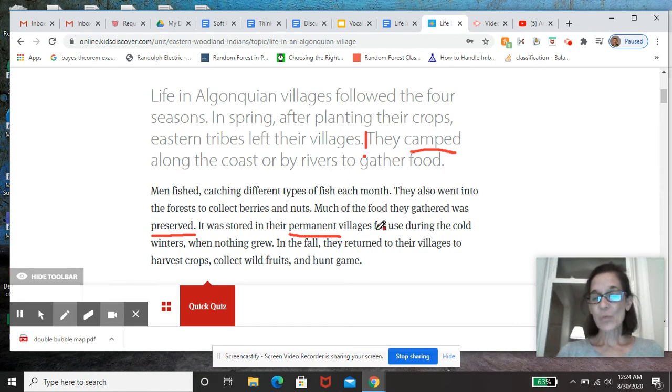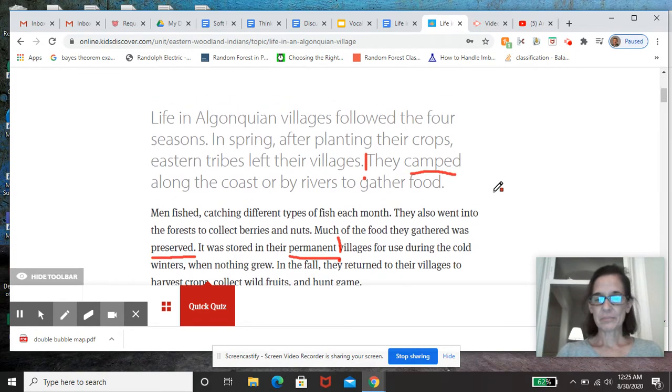They just went on a hunting expedition and then they came home. So I do know that they preserved the food and they stored it in their permanent village, so that it was permanent. I'm going to put an exclamation mark here. So not really moving. They have a permanent place to live.